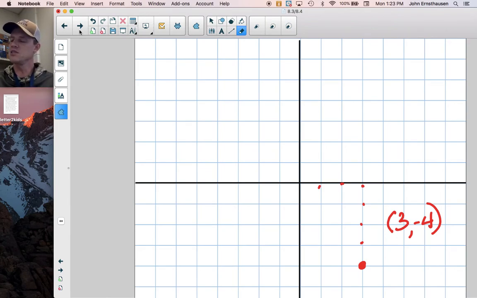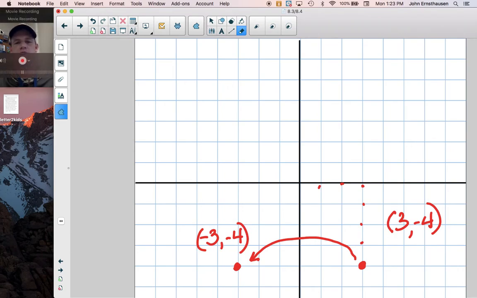If I reflect this across the y-axis, I'm flipping it over the y. What would be my new coordinates? And you're right. Now the x value would change since we're flipping it on the y, and it would be negative 3, negative 4 in quadrant 3.